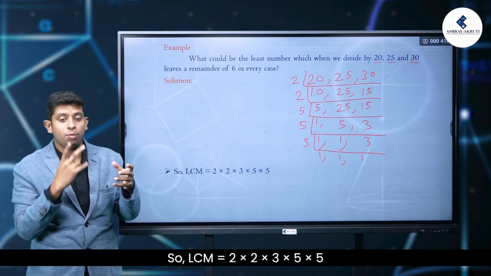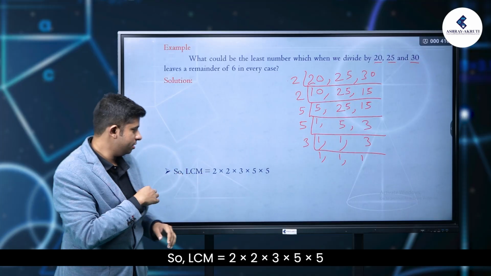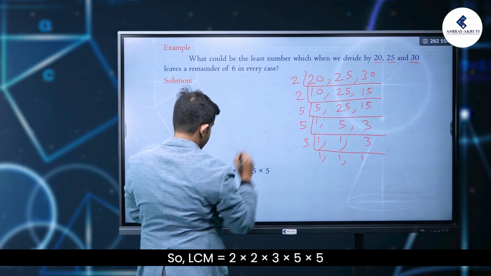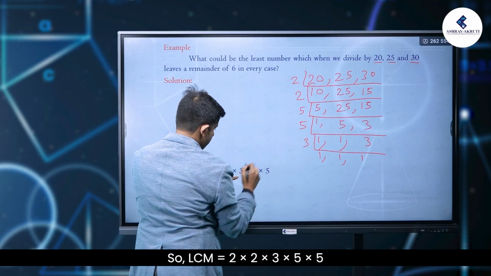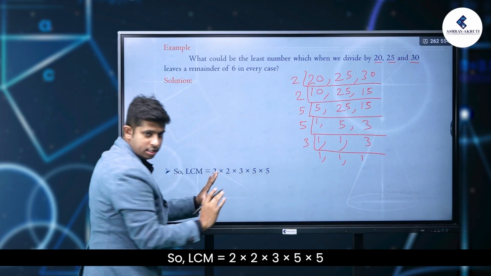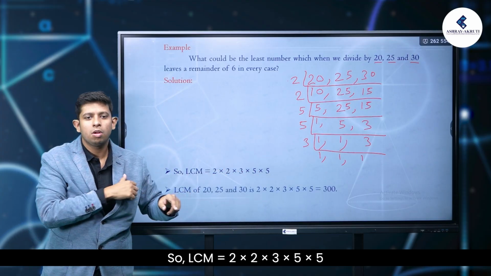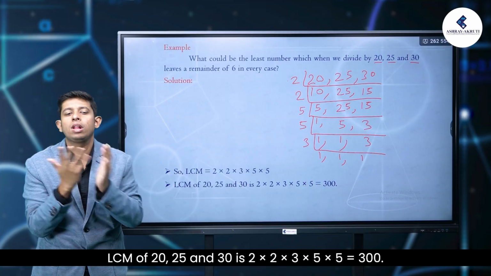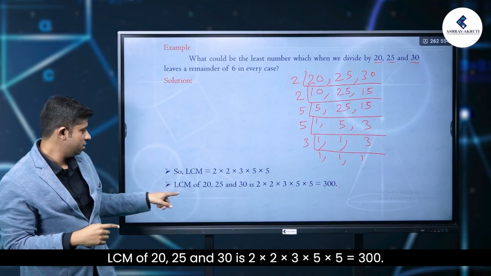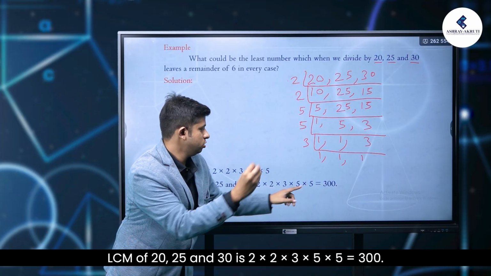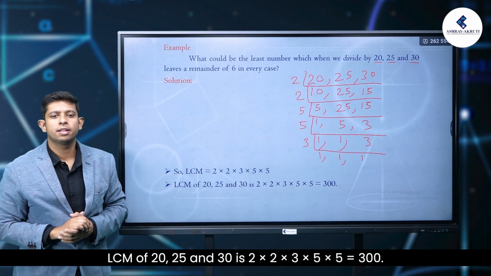So LCM is equal to 2 into 2 into 3 into 5 into 5. LCM of 20, 25 and 30 is 2 into 2 into 3 into 5 into 5 is equal to 300.